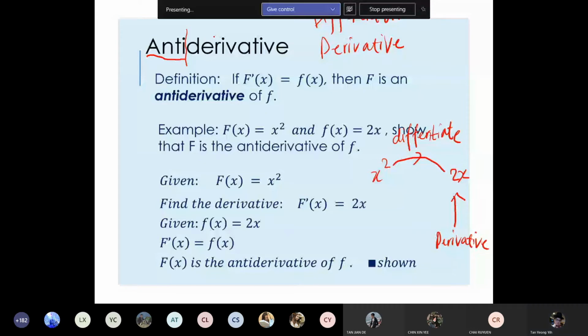The reverse of differentiation is called integration. When you hear the word integration, this refers to the process. The process is called integration, and the answer we get is called antiderivative.